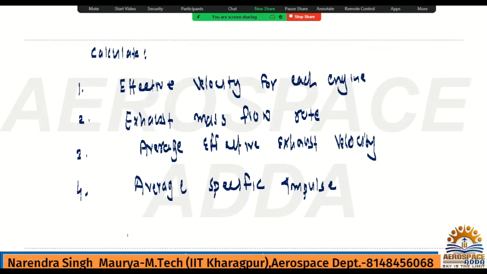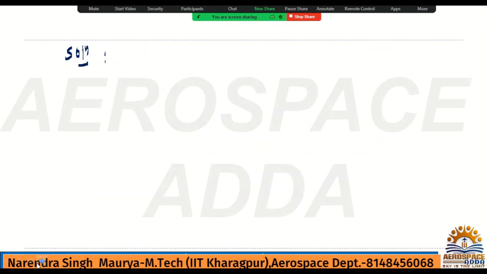Now we'll go for the calculation. In the problem itself it is described that we are employing solid propellant engines and liquid propellant engines, and the propulsion system here resembles parallel staging, because with the main engine we are using 2 boosters. Okay, now first we'll calculate the effective exhaust velocity. Number 1, effective exhaust velocity.